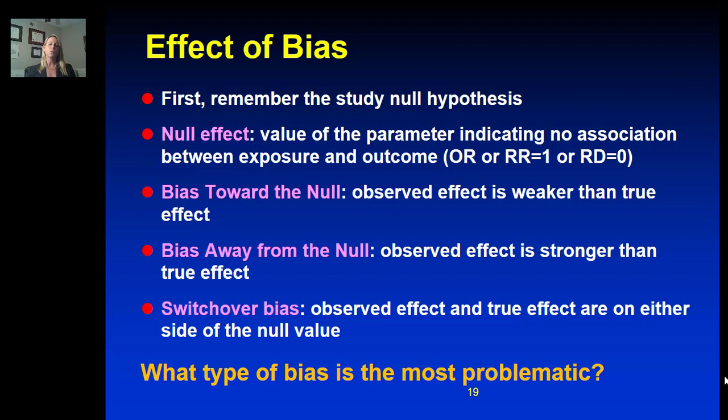For instance, if the true value is 3 and you measure a relative risk of 0.7, there you have a switchover bias occurring, which arguably is the most problematic because you can go from concluding a causal association to concluding a relationship where there's protection or some preventative association, which may be completely false and biologically implausible. So make sure you understand these different ways that bias can affect your conclusion about your measure of association as a function of your null hypothesis.